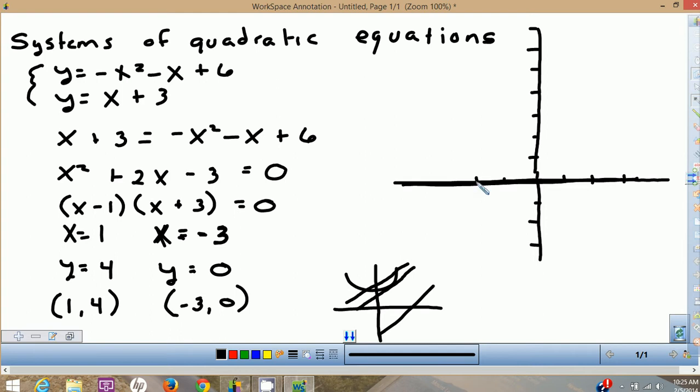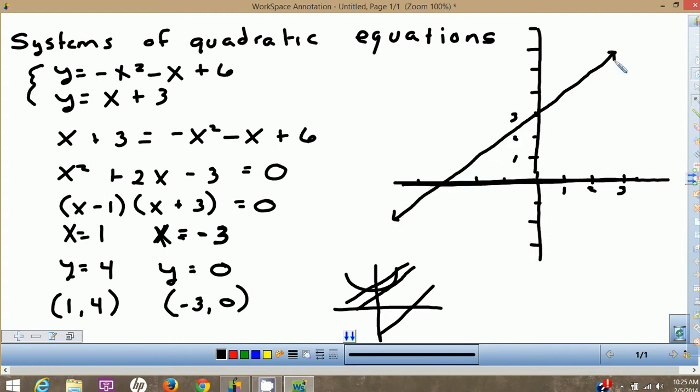And let's put a few units on our graph. So we're going to say these are marked off in ones. 1, 2, 3, 1, 2, and 3. This line, the y-intercept is 3, the slope is 1, so I'm starting here, I'm going up 1 and over 1. So here is my line.